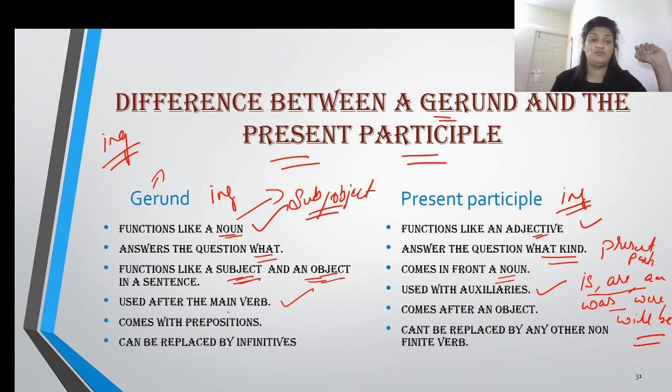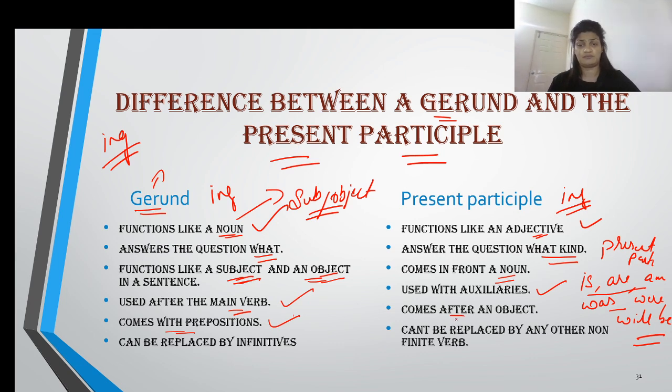But here you use it next to the main verbs. And then it comes with prepositions. What is a preposition? I just told you a little while ago. A preposition is a word that comes in front of a noun. Therefore, you use gerunds with prepositions.